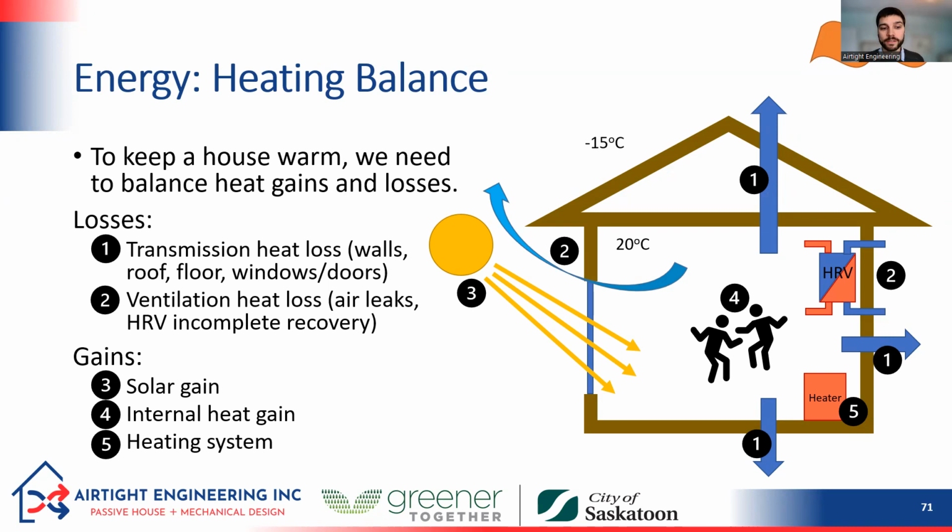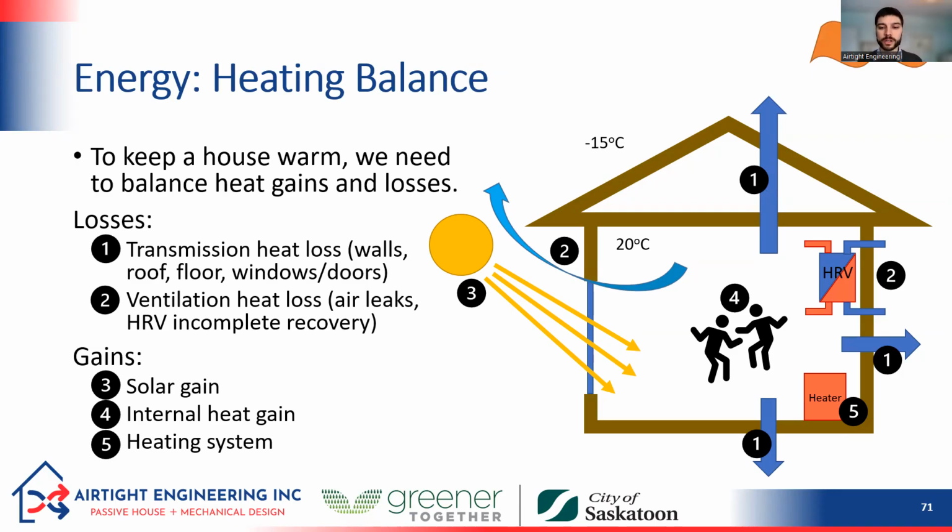On the other hand, we have a couple of heat gains that help us out and reduce the amount of heat we need to provide. The first is solar gains. So the sun coming in, shining on things in the house, warming them up. That's some free heat for us. And then also internal gains. So we've got the picture of the people dancing, or I don't know, doing Zumba. I'm not sure what they're doing, but they're generating heat as well.